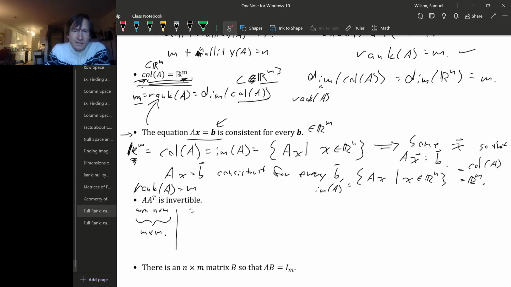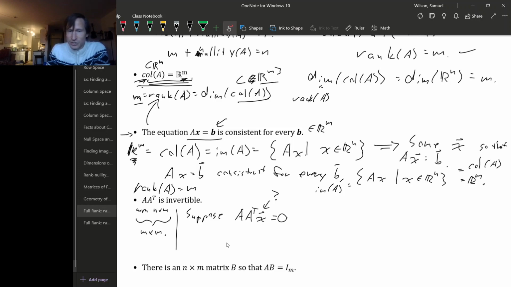Okay, so let's suppose that A transpose times x, some vector x, is equal to 0. So who knows what this vector is? What we're going to show is that this vector has to be 0. So suppose we have some solution to this equation.